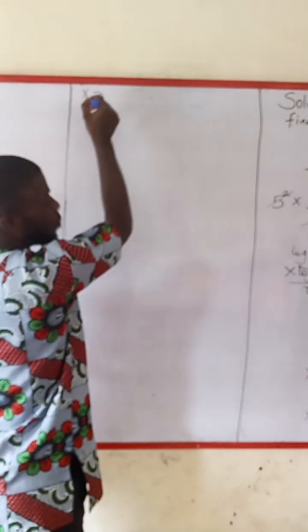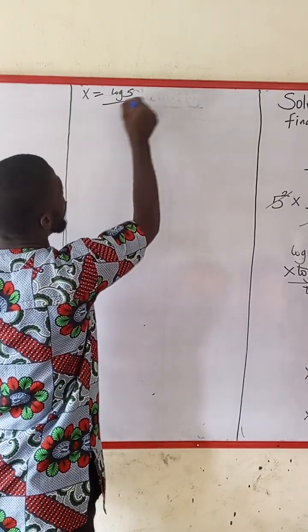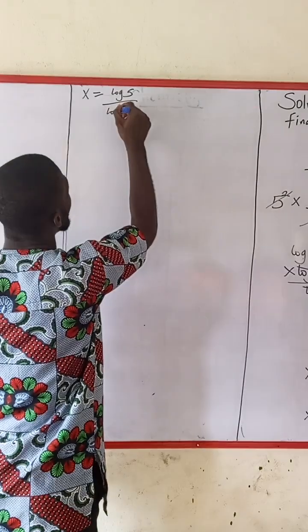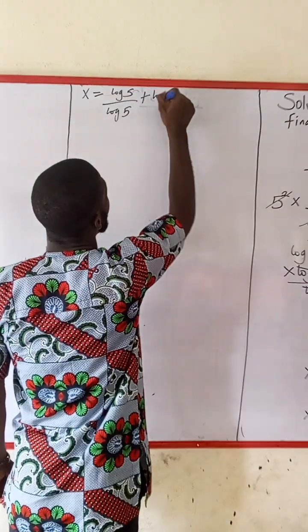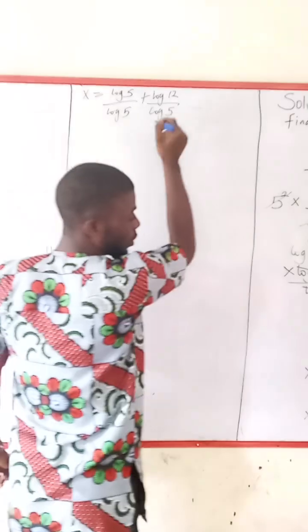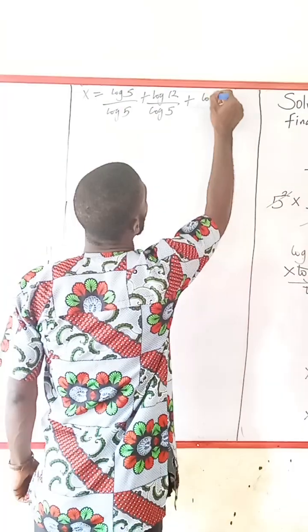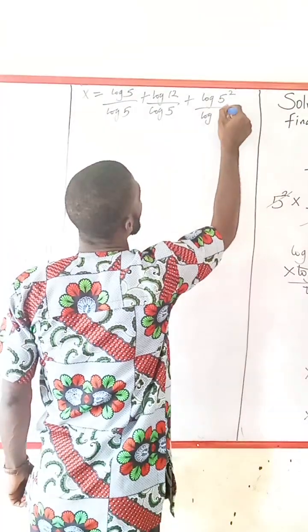Okay, so let me take the answer from the last solving. That is s is equal to log 5 over log 5 plus log 12 over log 5 plus log 5 raised to the power of 2, all divided by log 5.